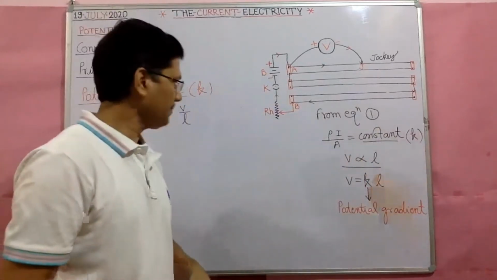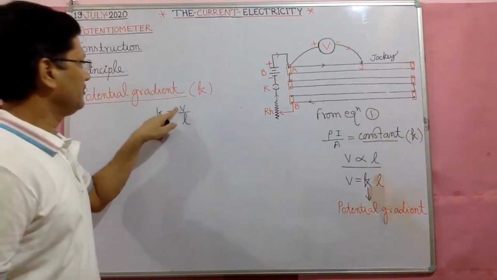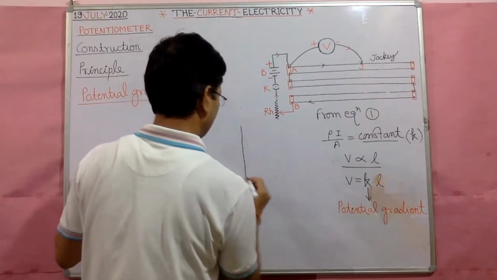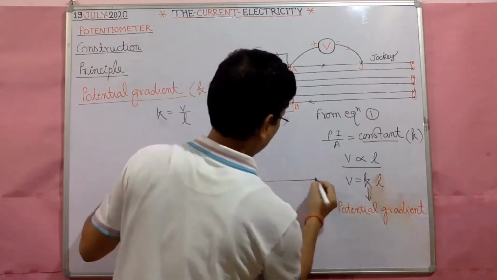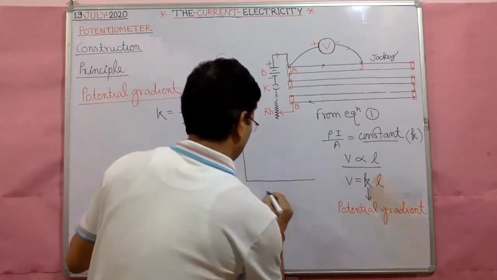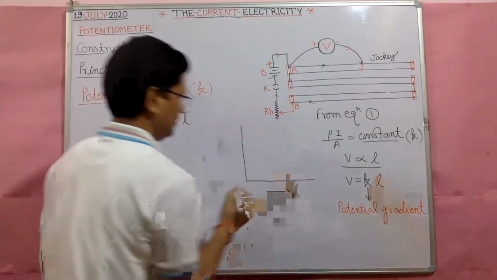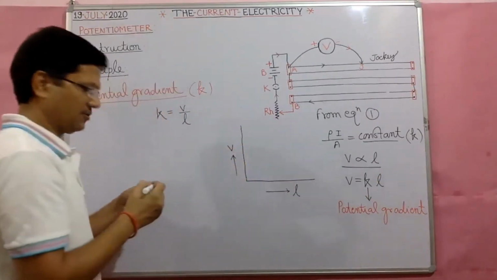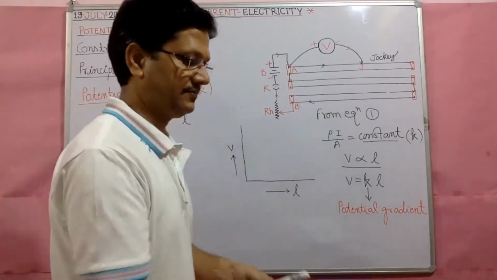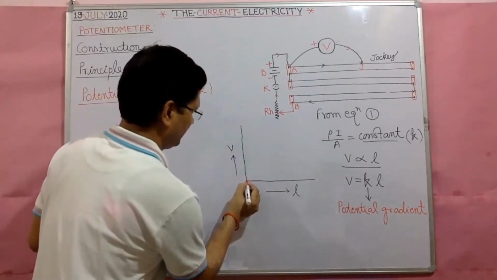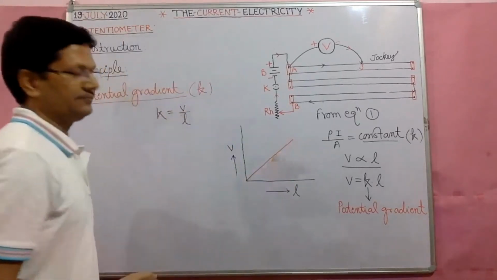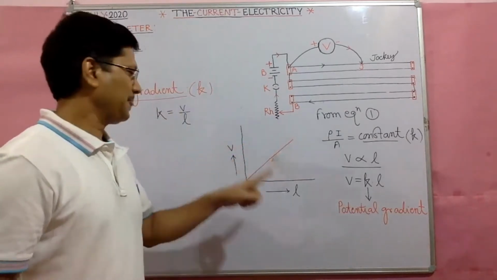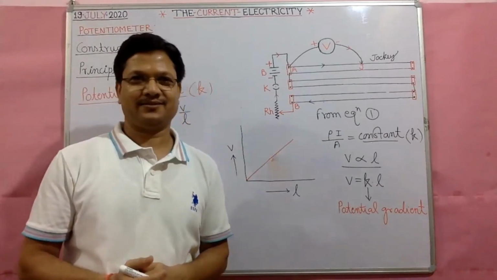Okay? If we plot between V and L, the length of the potentiometer wire, and the potential drop across any length of the wire, this is the plot between potential drop and length of the potentiometer wire.